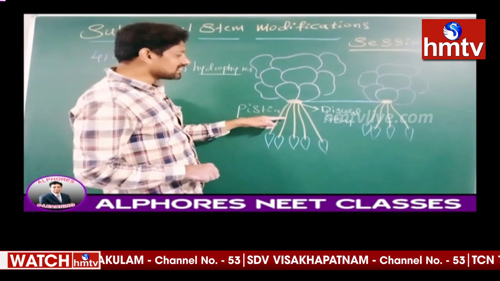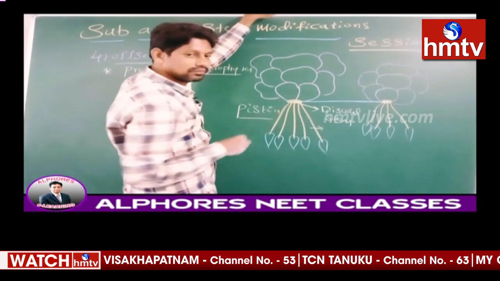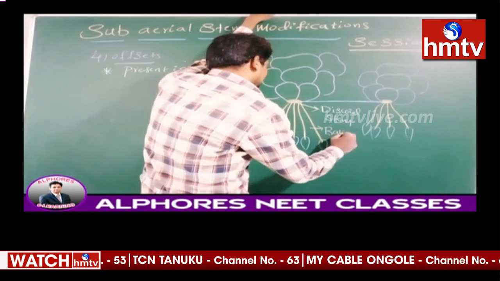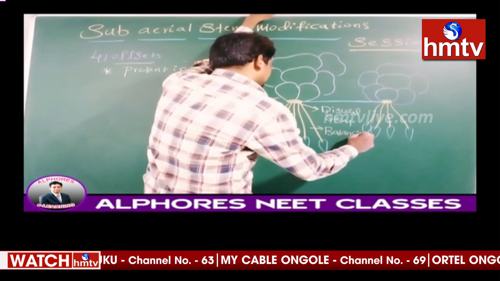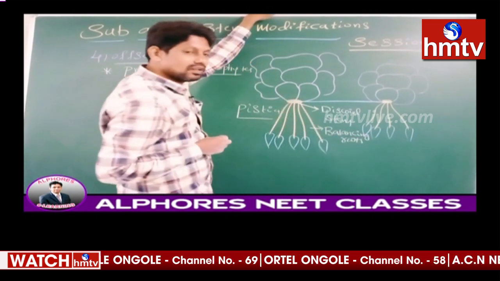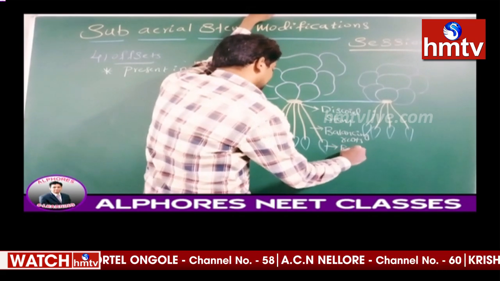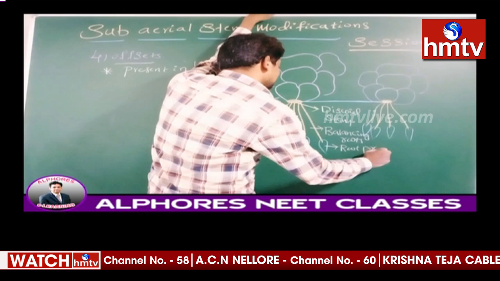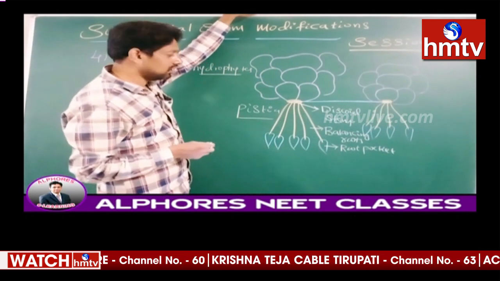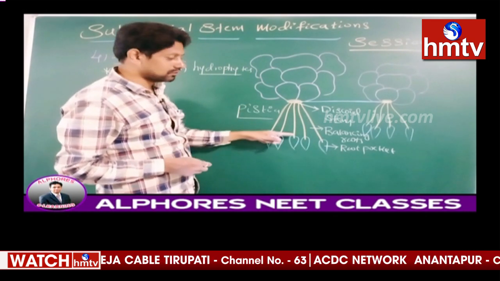On the lower surface of this discoid stem, adventitious roots are present. These adventitious roots are called balancing roots. These balancing roots are provided with a root pocket.